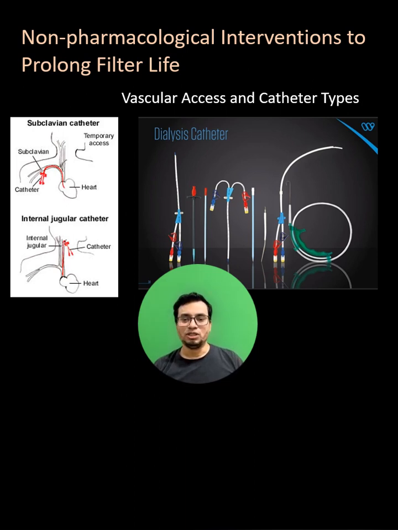For example, non-tunneled catheters have been found to be better compared to tunneled catheters. Regarding access, right IJV access was better compared to left, and compared with short catheters targeting tip placement in the superior vena cava, long catheters arriving in the right atrium may prolong the filter life. So these are a few non-pharmacological methods.